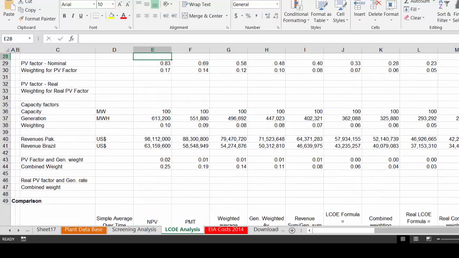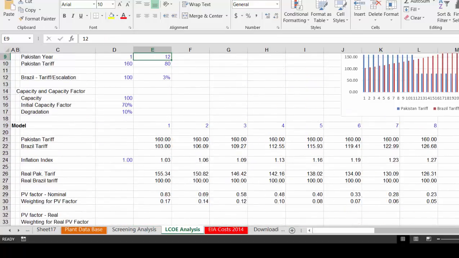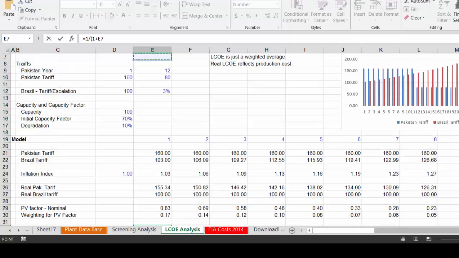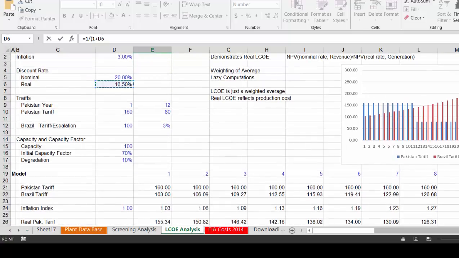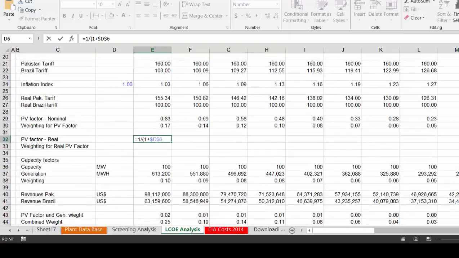Now, if we want to go through this whole process again, the first thing is we compute the discount factor: 1 plus the real discount rate, raised to the power of the year.